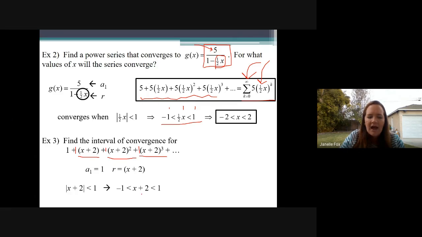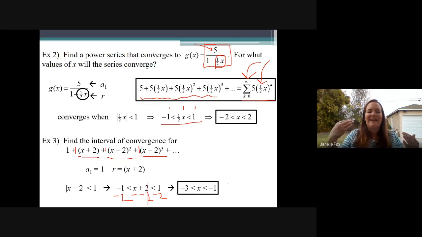On this one, I think we're going to subtract 2 from all of these, because that would be a way to isolate x. So I subtract 2 from all three of the parts. These cancel, we simplify, and I get -3 is less than x is less than -1. And that is my interval of convergence.